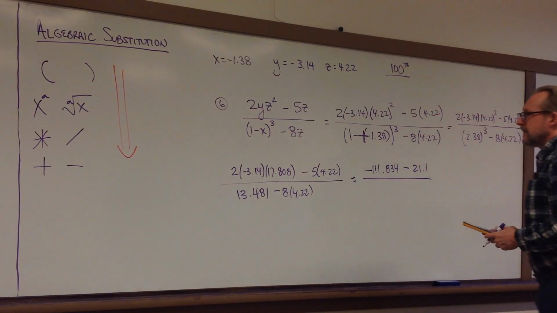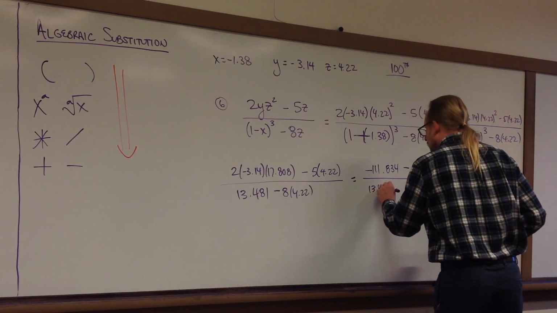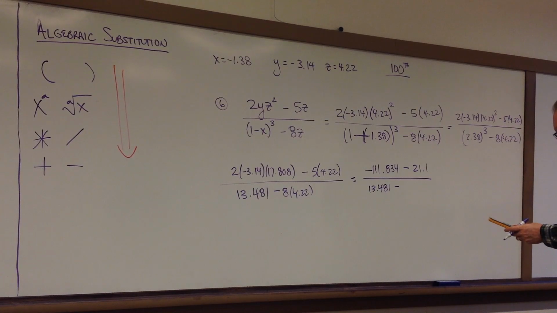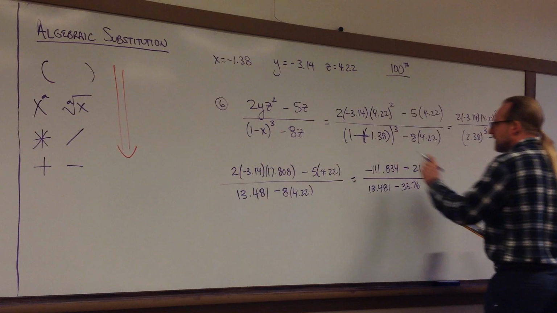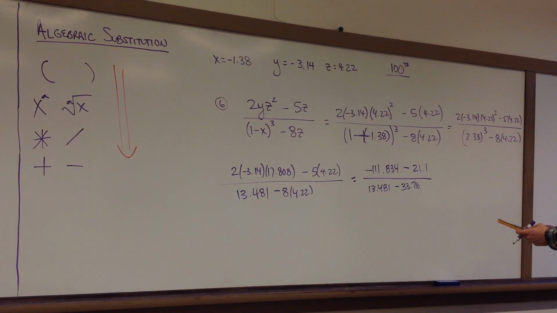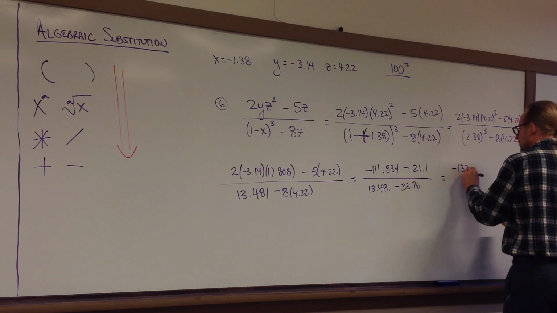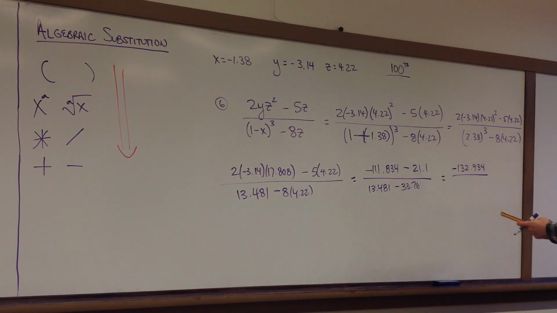And then 5 times 4.22, 21.1. And then on the bottom, let's see here, 13.481 minus 8 times 4.22, 33.76. Okay, so negative 111.834 minus 21.1, negative 132.934 on top, 13.481 minus 33.76.